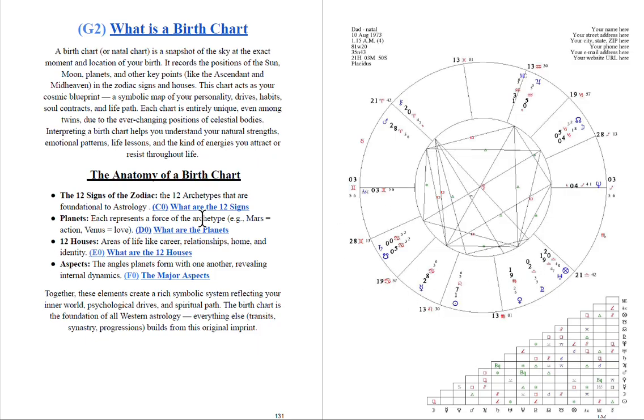Each planet represents the force of an archetype, i.e. Mars and Venus, which are these. The blue symbols here are all the planets. They talk about certain aspects of you. The planets each represent a force of the archetype, i.e. Mars, action, Venus, love. So like in this case, Mars in Aries, Mars an action planet.